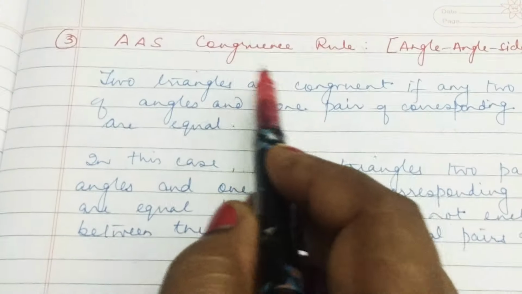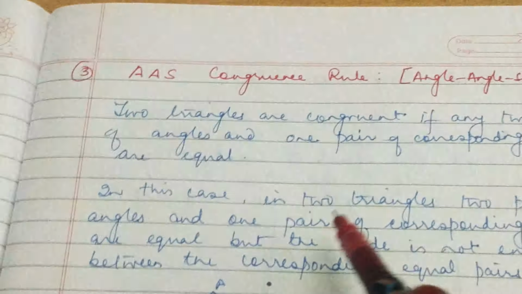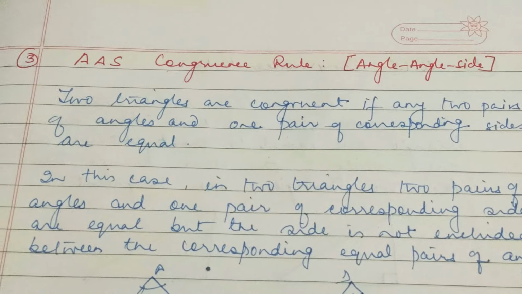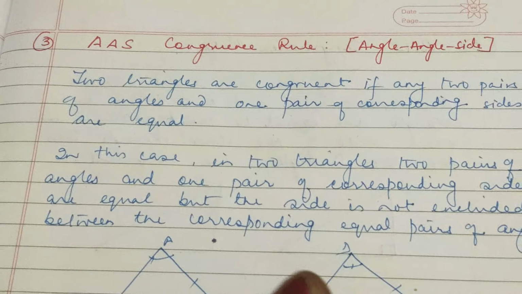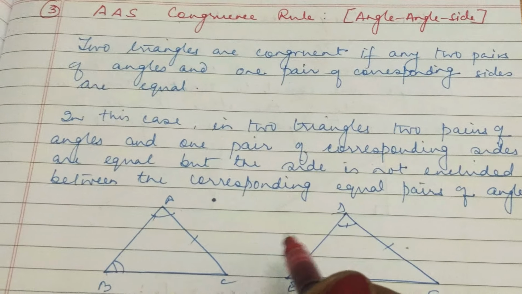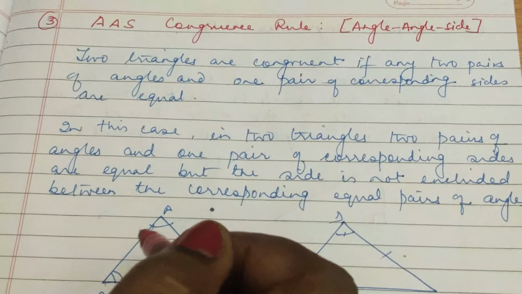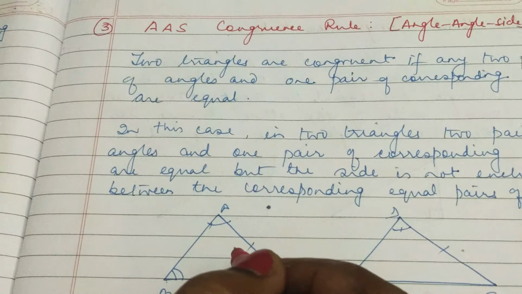Now the third congruency rule is angle, angle, side. This means that two triangles are congruent if any two pairs of angles and one pair of corresponding sides are equal. In this, it is not compulsory that the side will be included between the two angles.